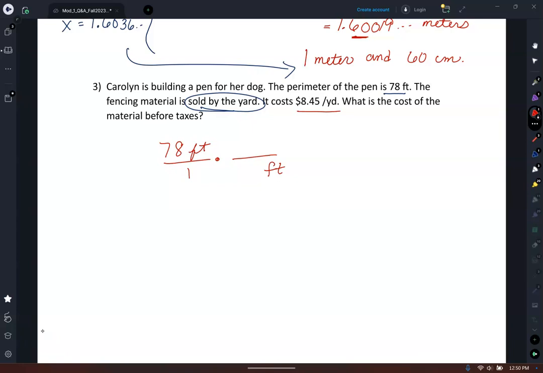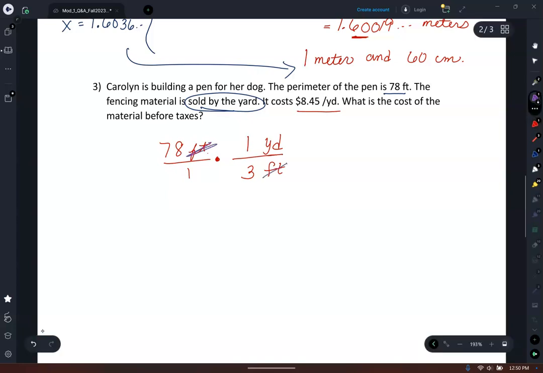When we're using unit fractions, unit analysis, we're going to multiply, and we want to make sure our units are on the other thing. If I have my original feet in the numerator, I want the feet in the denominator so they'll cancel out. And then I want to go to yards. So there are 3 feet per 1 yard. Notice I put the units down first, then I fill in the numbers. And then I just double check that those actually reduce out.